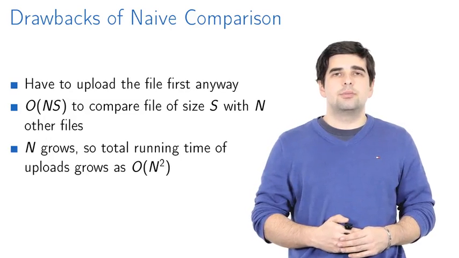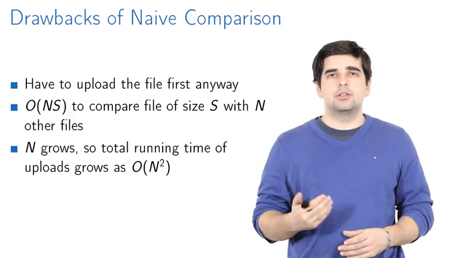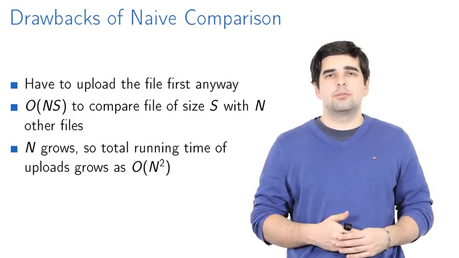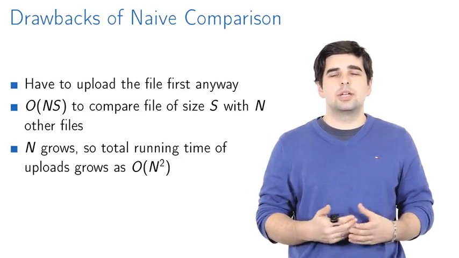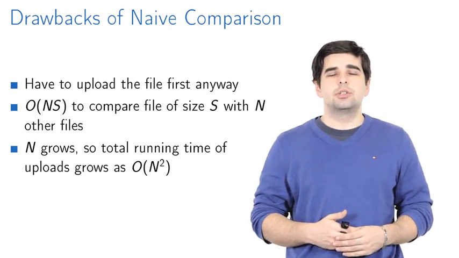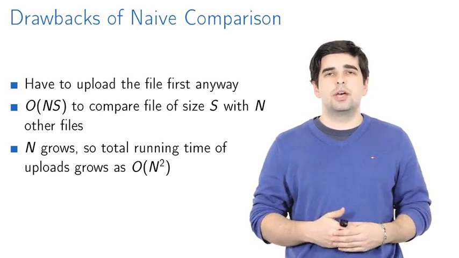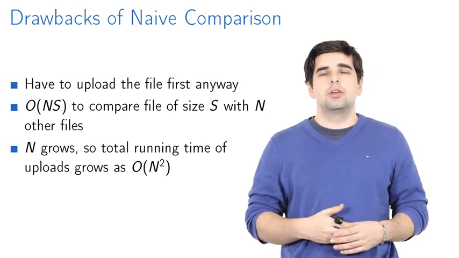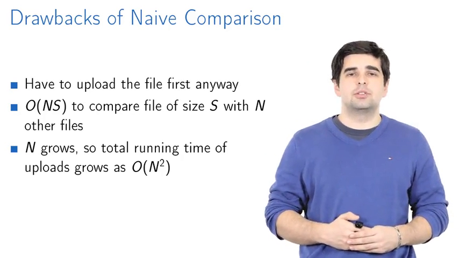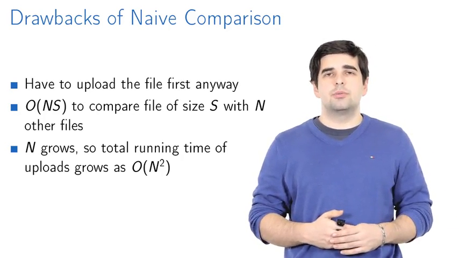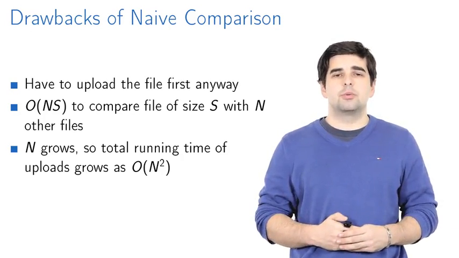Also, with this strategy, as the service grows, the total running time of all uploads will grow as n squared, because each new upload is O(n), longer and longer as the number of files increases. So this approach won't work long term anyway.